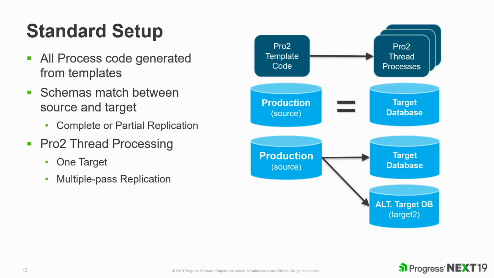Well, in most cases, you don't necessarily want to do that on the source side. You don't want the overhead of maintaining extra indexes just for a reporting or BI structure, especially if you're star-schemaing the back side of that. So the nice thing about Pro2 is you can just add indexes to the target. You can just add fields to the target. Even if the target is a staging database upon which you are running other downstream applications, no sweat.